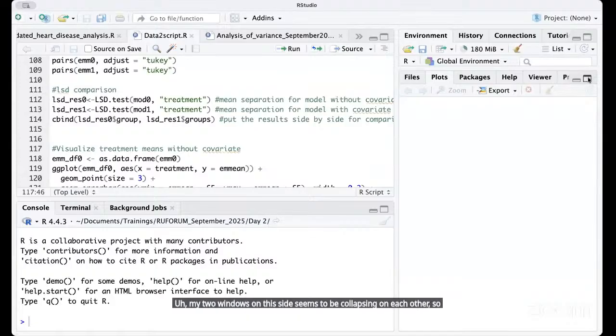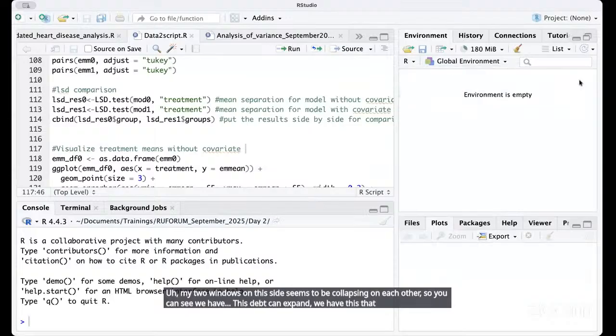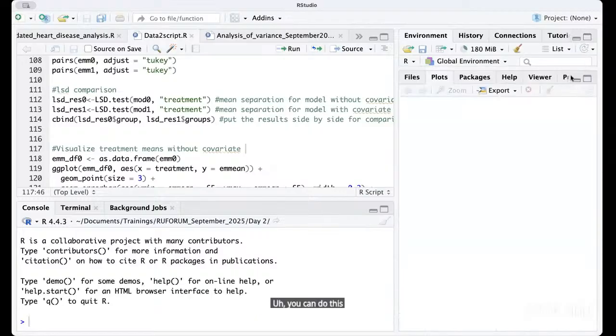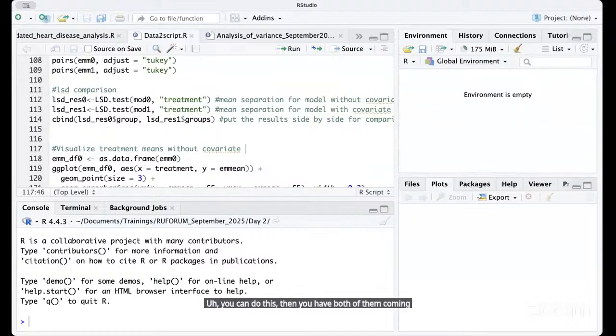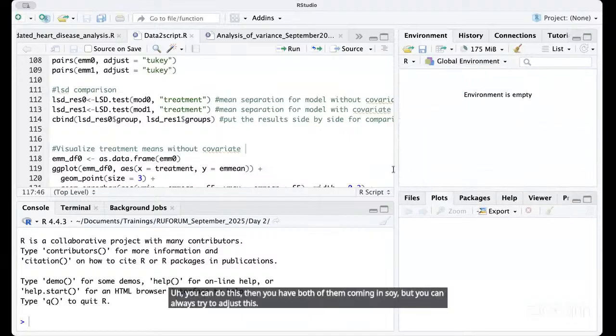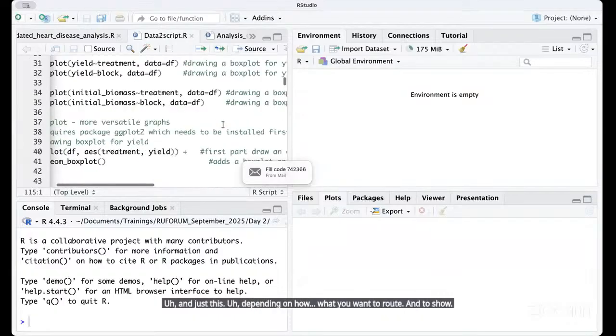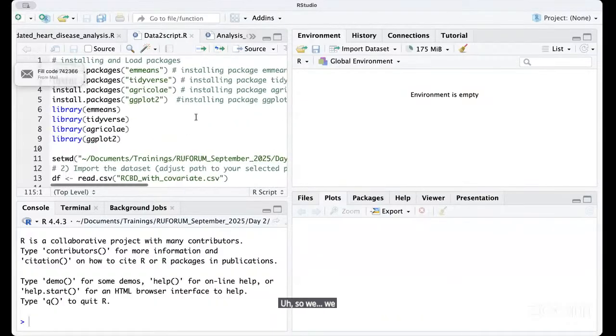You can see we have this that can expand, we have this that can reduce the size. So you do this, it will disappear. You can do this, then you have both of them coming in. But you can always try to adjust this depending on what you want to show.